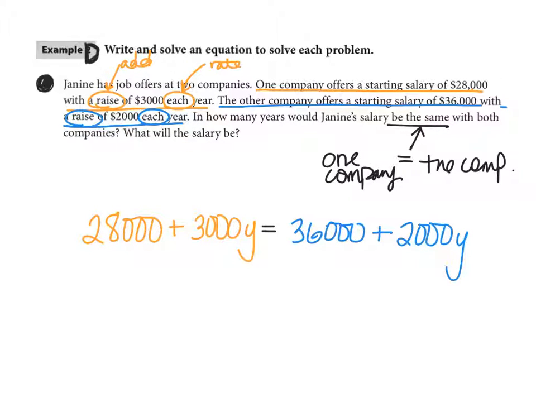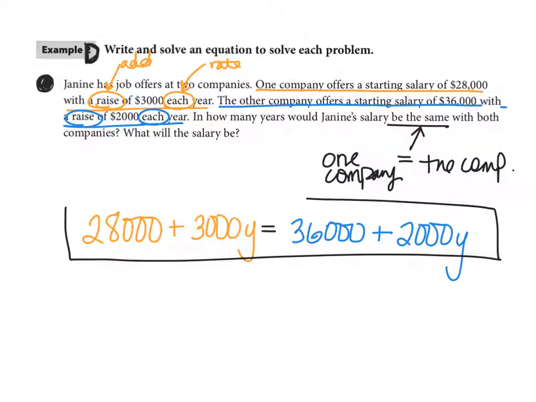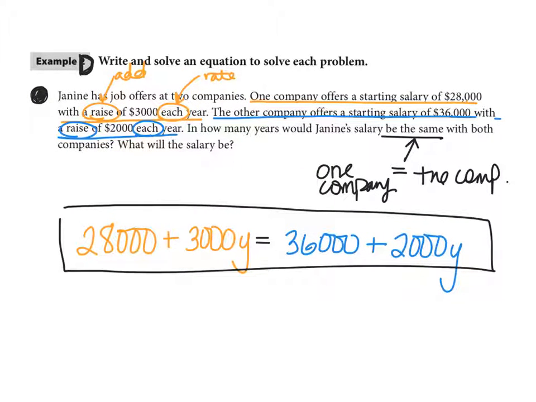But for right now, all you need to do is have this right here. And the only other thing we need to do, anytime we write an equation, we need to also say what the variable stands for. So we just need to make a side note to ourselves that Y stands for the total number of years.